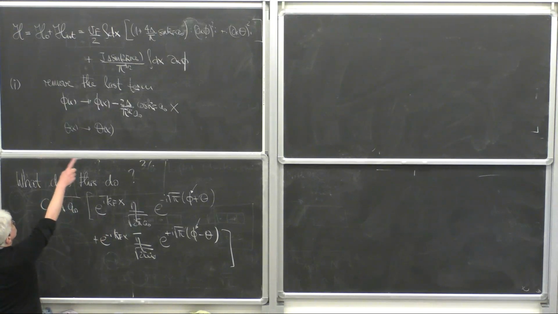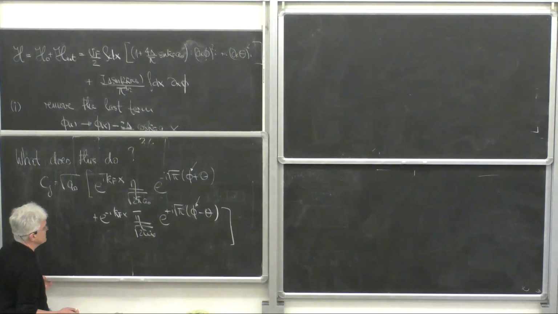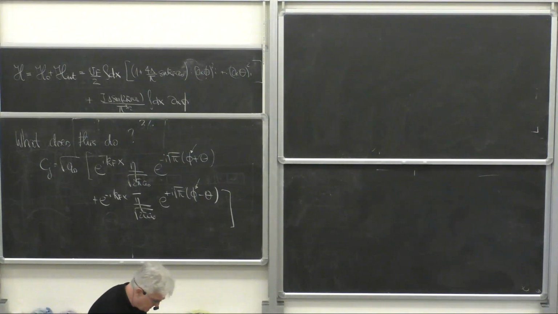In other words, this last term looks like a total derivative, and you might have thought it does nothing. What it actually does is shift the Fermi momentum by order delta.